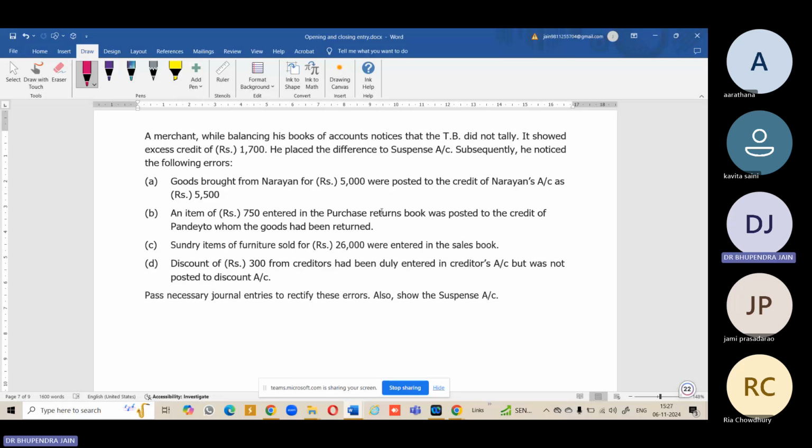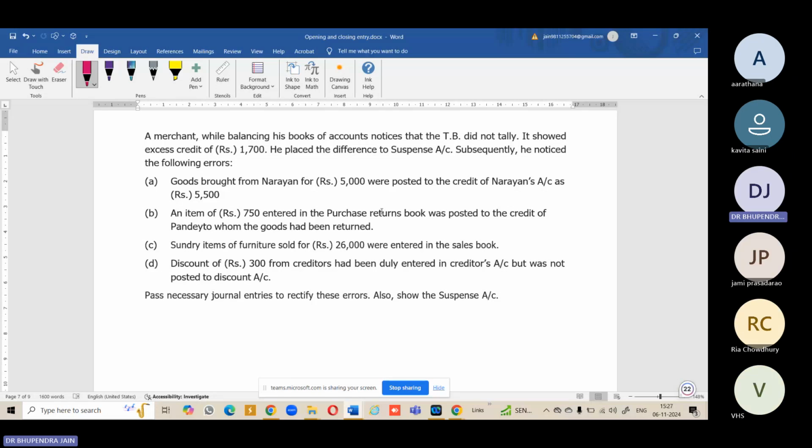Under the suspense account, the difference is shown on the credit side. So we will transfer it to the debit side as balance BD 1,700. We have already discussed in the last class, at the time of preparation of ledger, if the ledger difference is on the credit side, we transfer it to the debit side as balance BD.